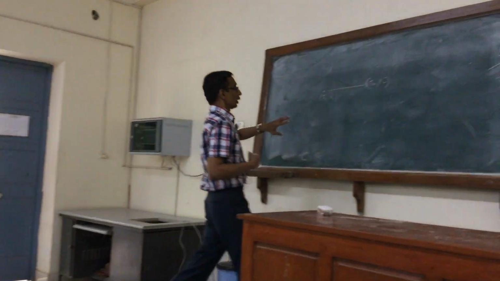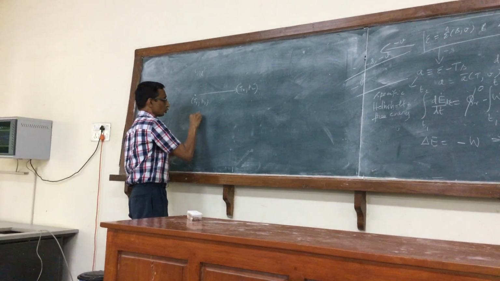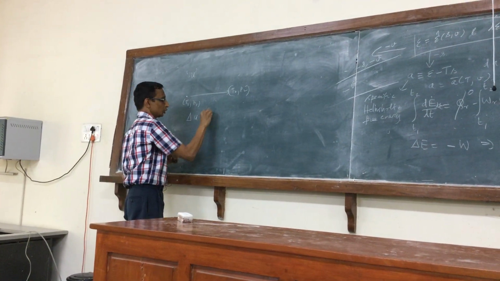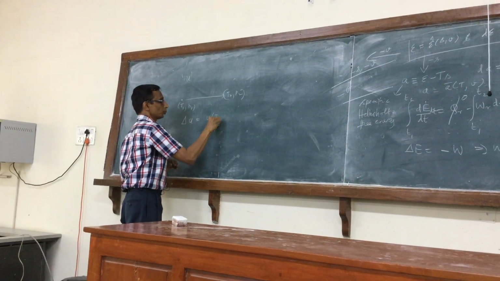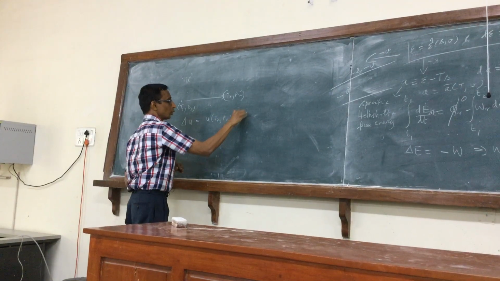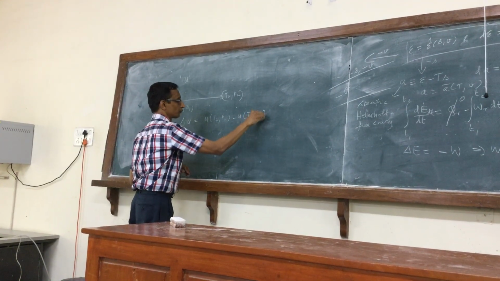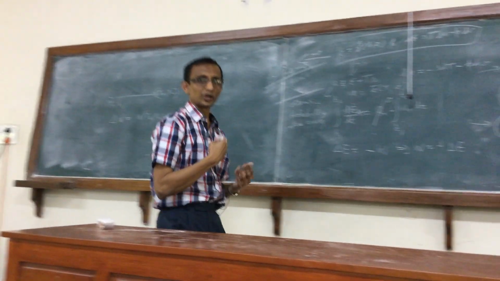So now I want to calculate delta U, which I define as U of T2, P2 minus U of T1, P1. These are state functions.